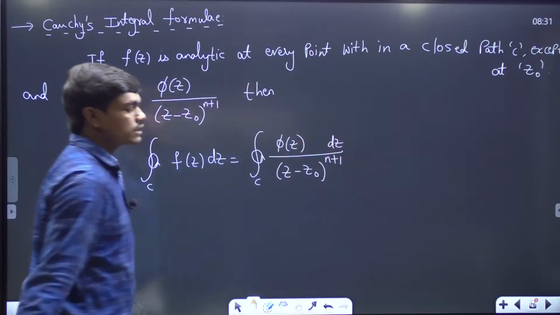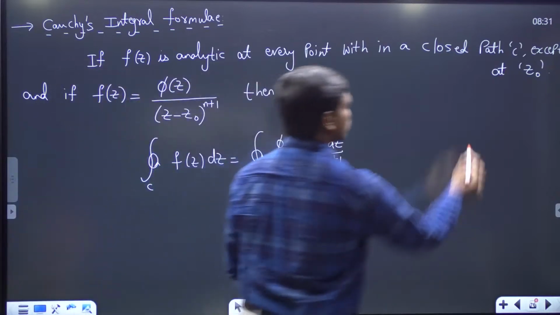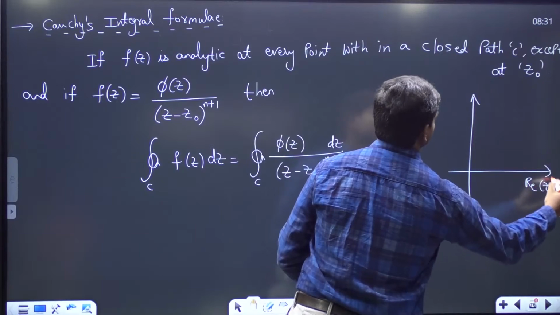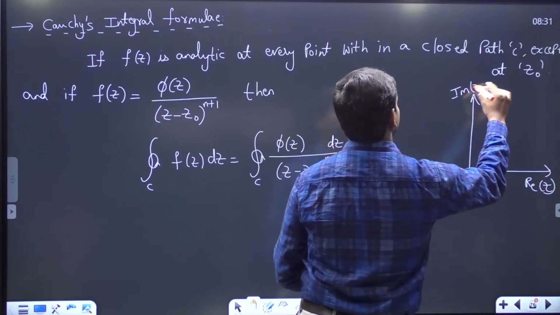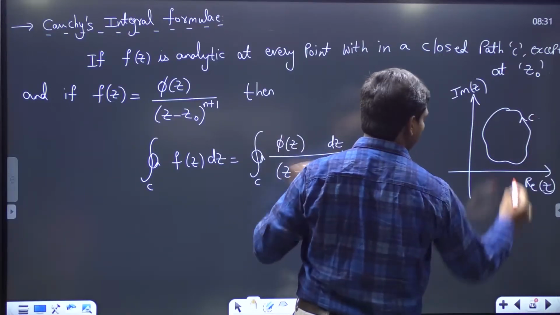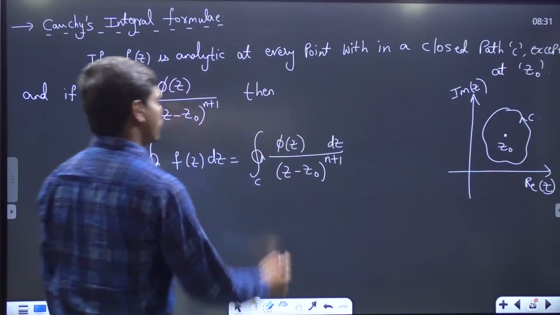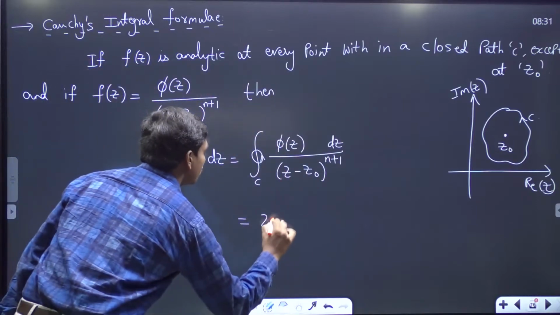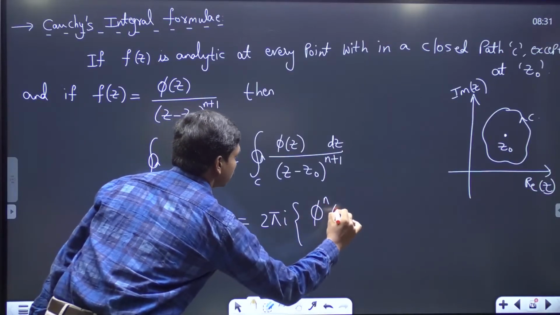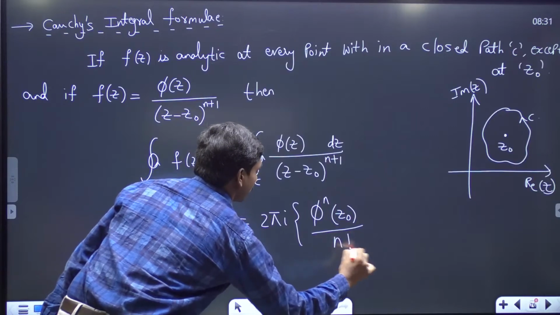Okay, and this function f of z means basically this complete function is analytic at every point within this closed path C. For example, if you have real part of z, imaginary part of z, and some closed path C, let us suppose this function is analytic at every point except at some point z naught within the path C. Then this value is given by 2 pi i into phi nth derivative at z naught divided by n factorial.